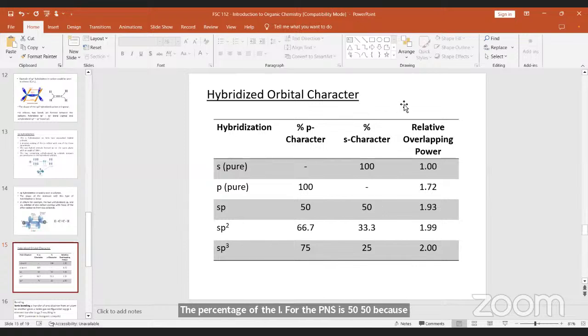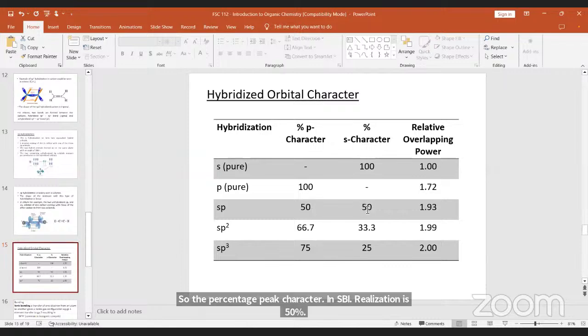One of the s mixed up with one of the p to form sp hybridization. So the percentage p character in sp hybridization is 50%, percentage s character is 50%.